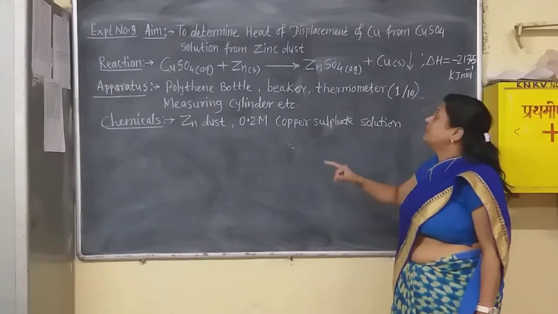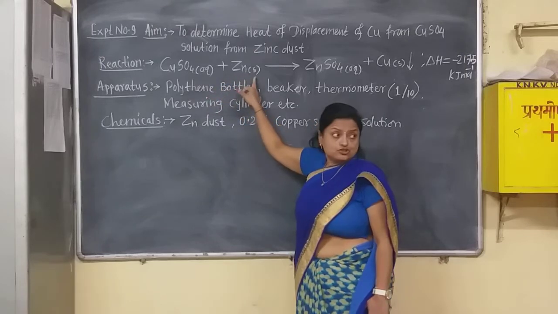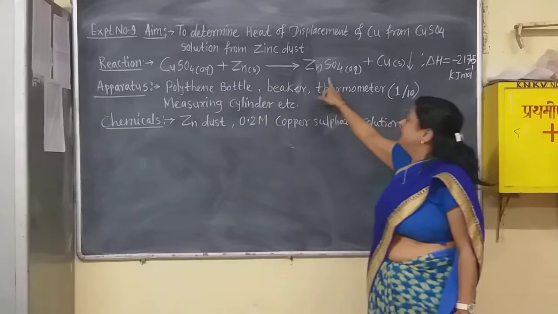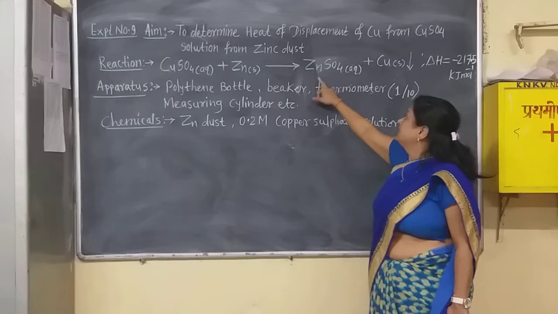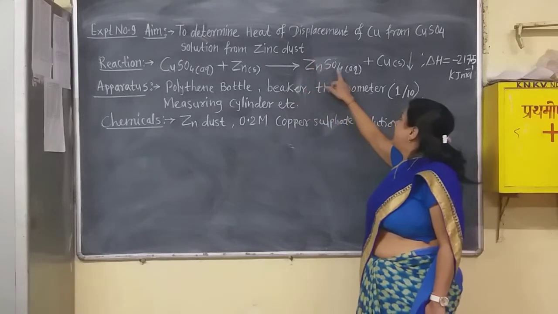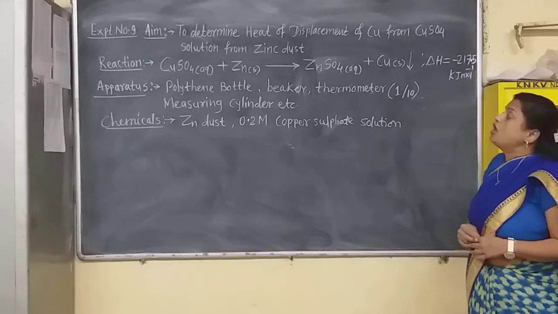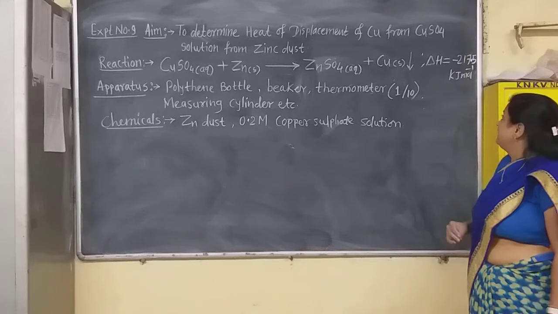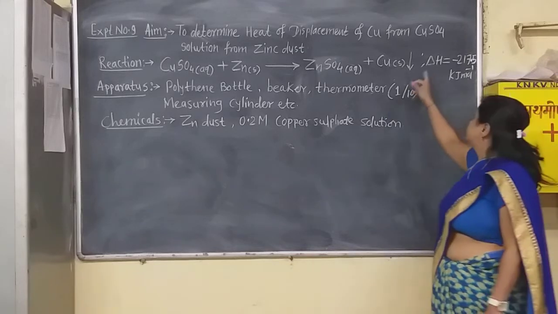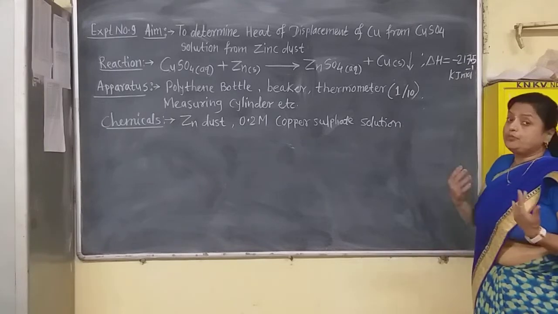CuSO4 aqueous plus Zn solid gives ZnSO4 plus copper solid. Here Zn displaces copper and there is formation of solid copper. For 1 mole, the heat of displacement is minus 217.5 kilojoule per mole.